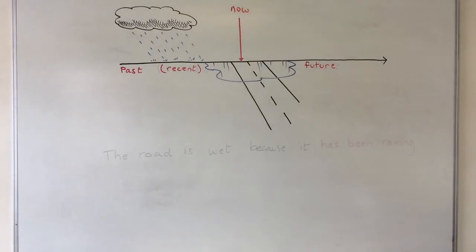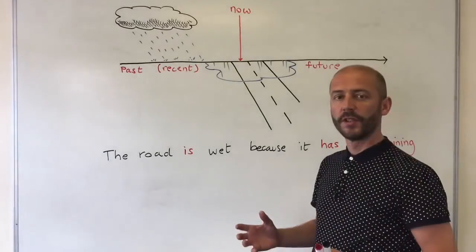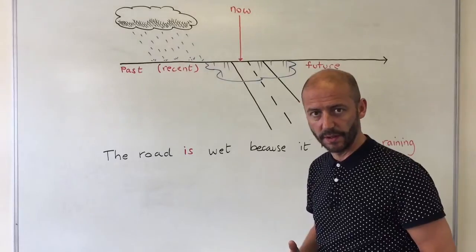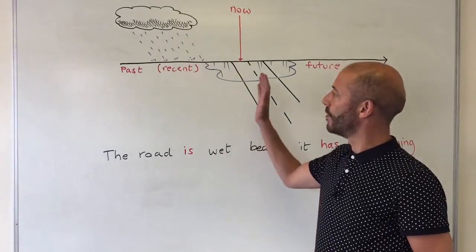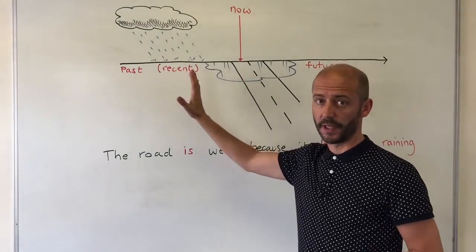The road is wet because it has been raining. So here we're using present perfect continuous to describe the result of a recent activity.